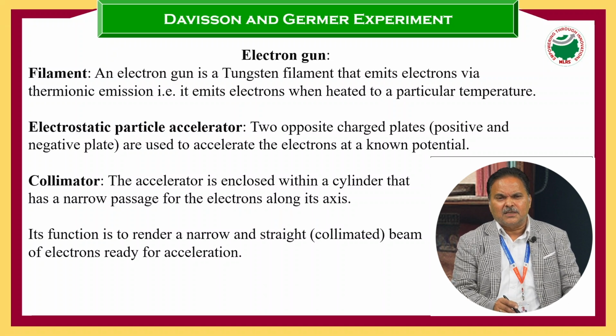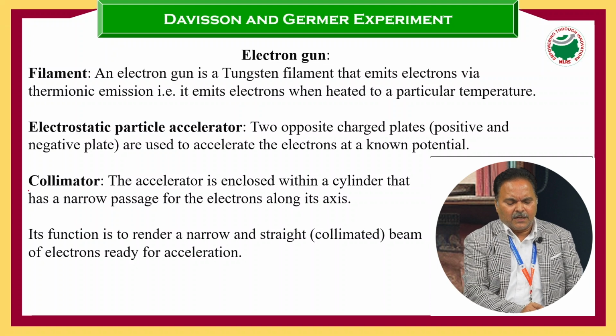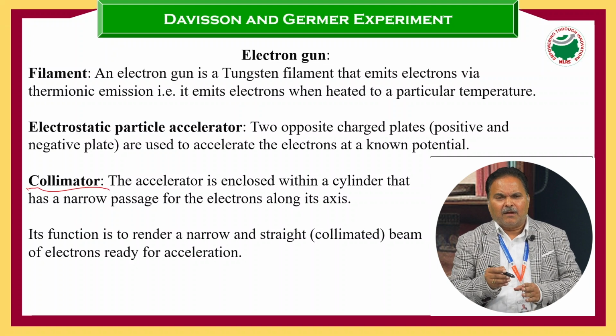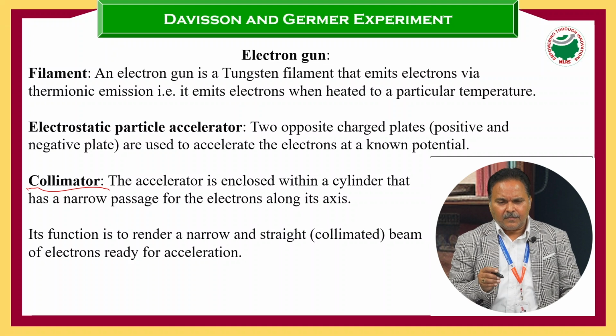This collimator is used to reduce the size of the beam. It is like cameras, which have screens or some small holes. That type of arrangement will be in the collimator, with a number of small cavities.